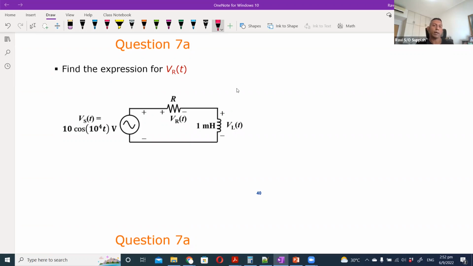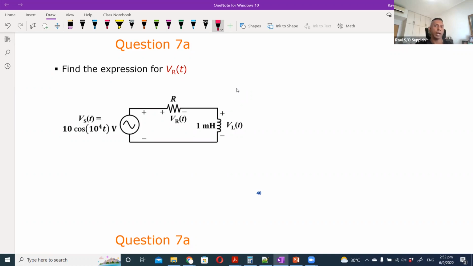Okay, so coming back to the questions. In terms of AC analysis, the main idea is you want to convert the time domain relationship between the AC source and the resistor, capacitor, inductor to the phasor domain.